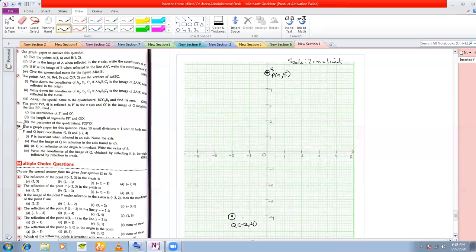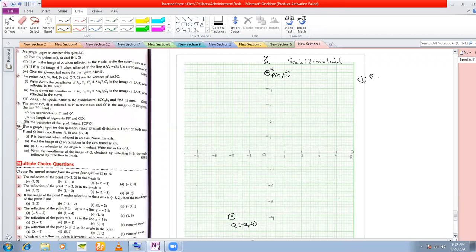First question is, P is invariant when reflected in an axis. Name the axis. Which axis? P lies on the y-axis, isn't it? So therefore, it has to be invariant under reflection in the y-axis. So let us write this.